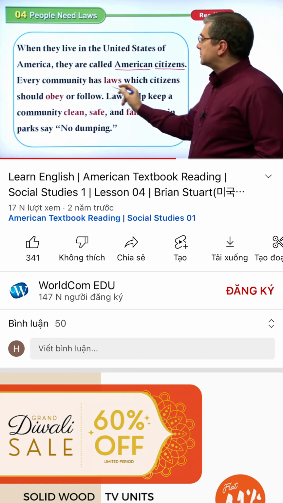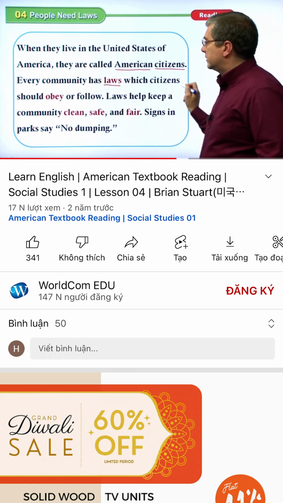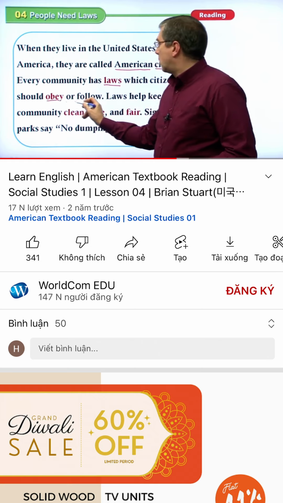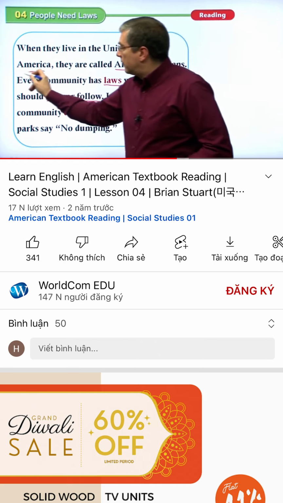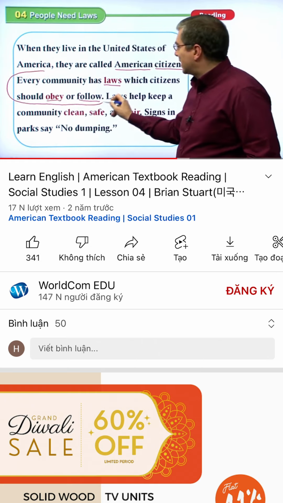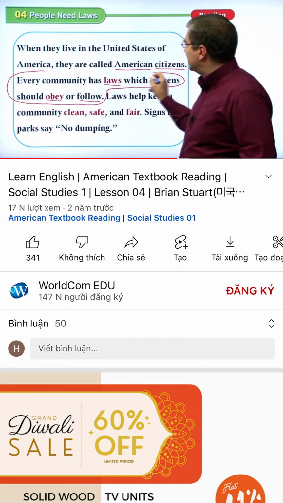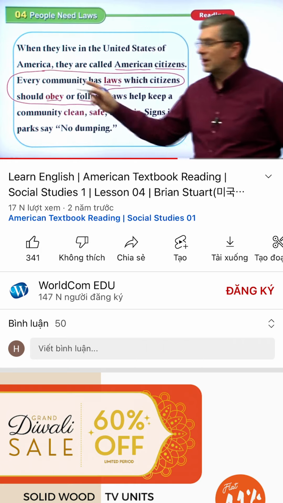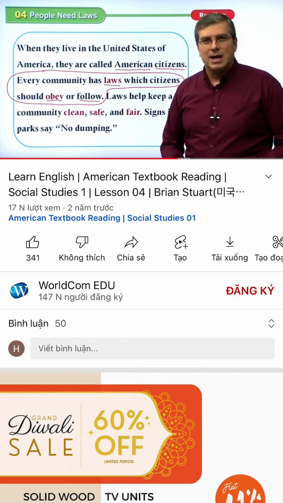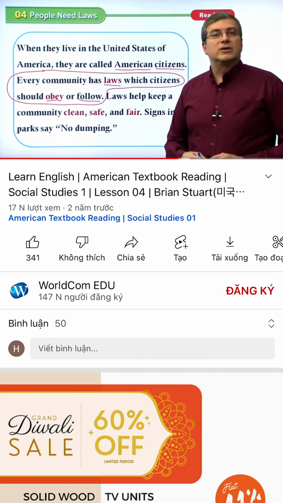Every community has laws which citizens should obey or follow. Here, finally, is what we're talking about here. This is the main idea, really. This is like our topic sentence right here. Finally, we get to it. Sometimes writing passages will do that.